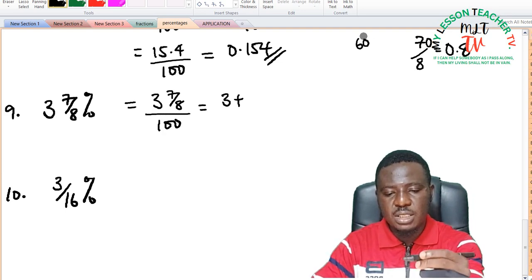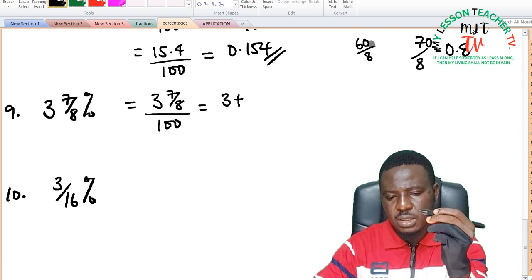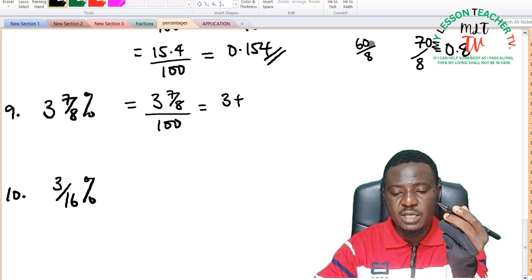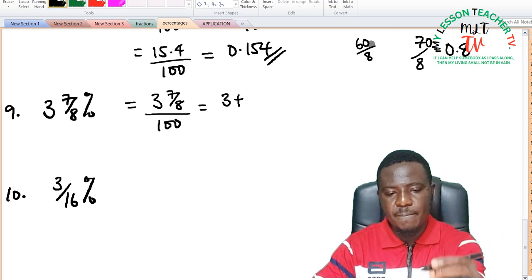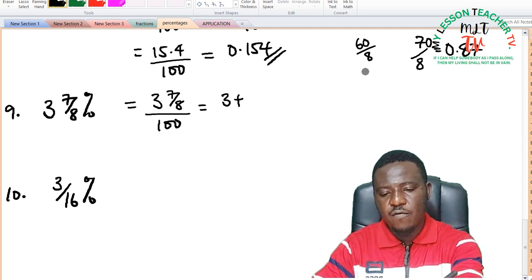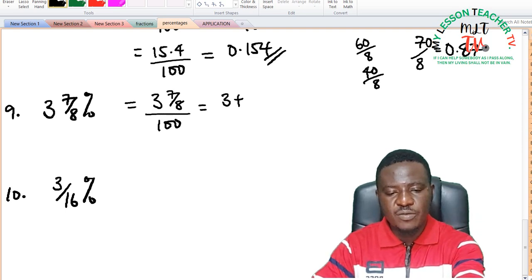Add 0 to that, it becomes 60. 60 divided by 8 is said to be 7 times, 7 times 8 is 56. So this becomes 875, remainder 4. Add 0 to it, it becomes 40. 40 divided by 8 is said to be 5.